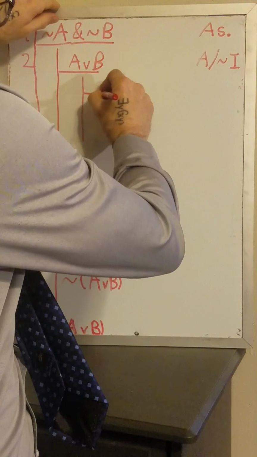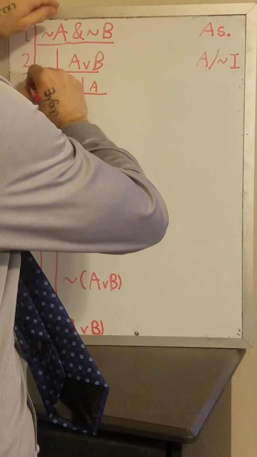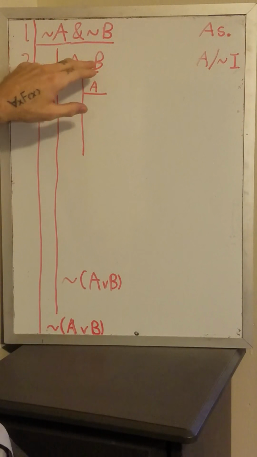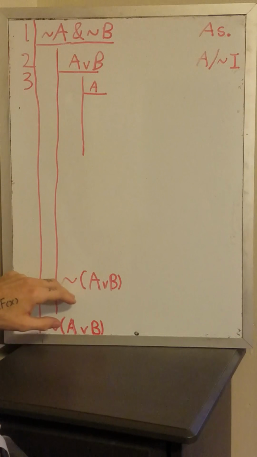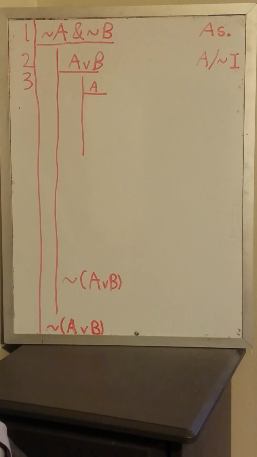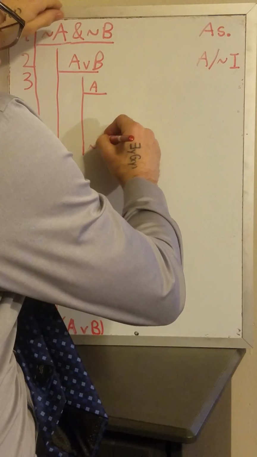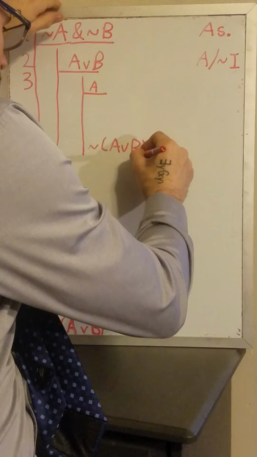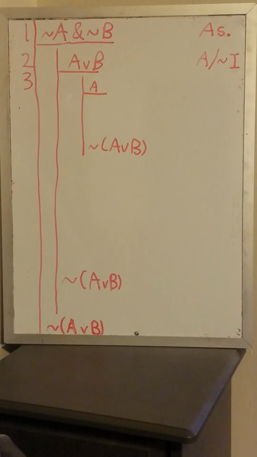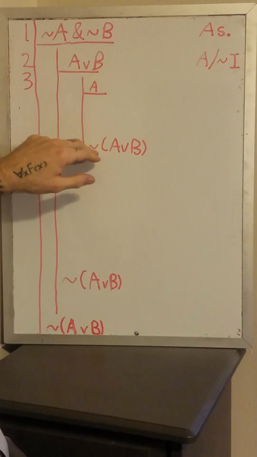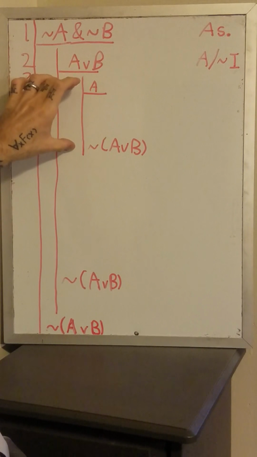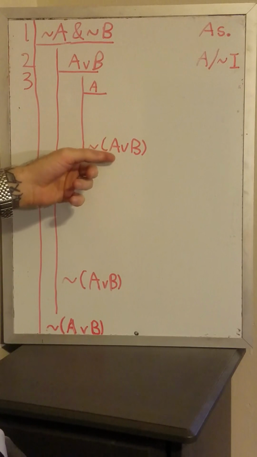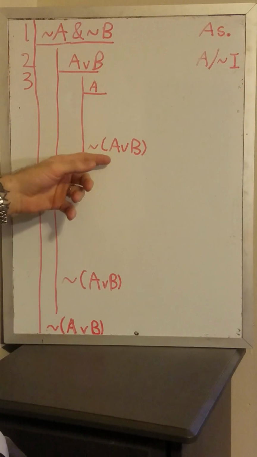So we'll go ahead and start with A. And what we're trying to do is show that both A and B are going to lead to not A or B. Okay, but in order to get this contradiction inside of this subderivation, we need to go ahead and assume, once again, the opposite of what it is that we're trying to get.